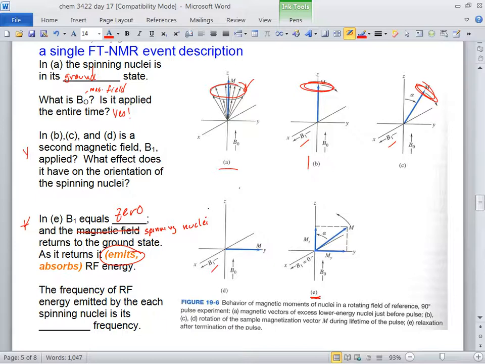Okay, Brandy, the frequency of RF. Starts with an L. That's Larmor, the frequency of precession.